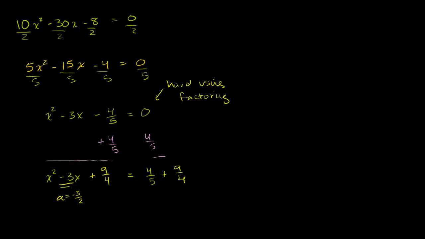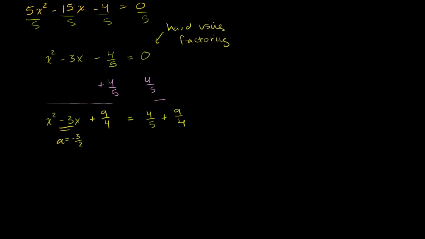And what does our equation become? We get x squared minus 3x plus 9/4 is equal to, let's see, we're going to get a common denominator. So 4/5 is the same thing as 16/20, right?